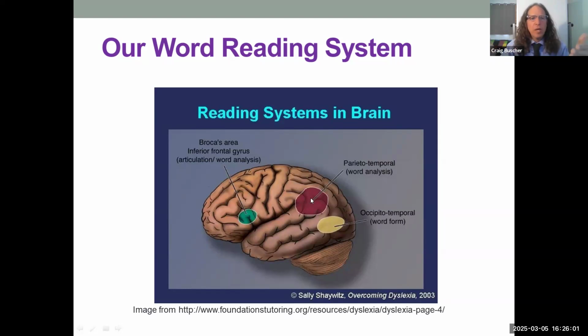A word that you see on the page you've never seen before, you're trying to decode it. That word is getting analyzed. And when you get enough exposures and practice with that word, it's going to store itself in that visual word form area. So for some of our students, and now coming back to that question, those words don't get stored well.